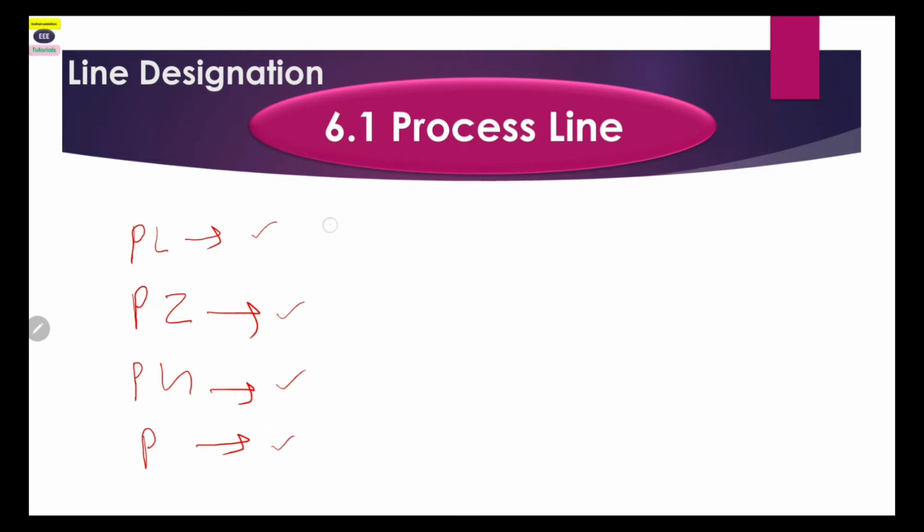PL means process line, and this is a liquid line, PL, liquid line. And if PG is used, process line, and this is a gaseous line. So if PL is written in your line designation, then it is a process liquid line, and if PG is written, then it is a process gas line.